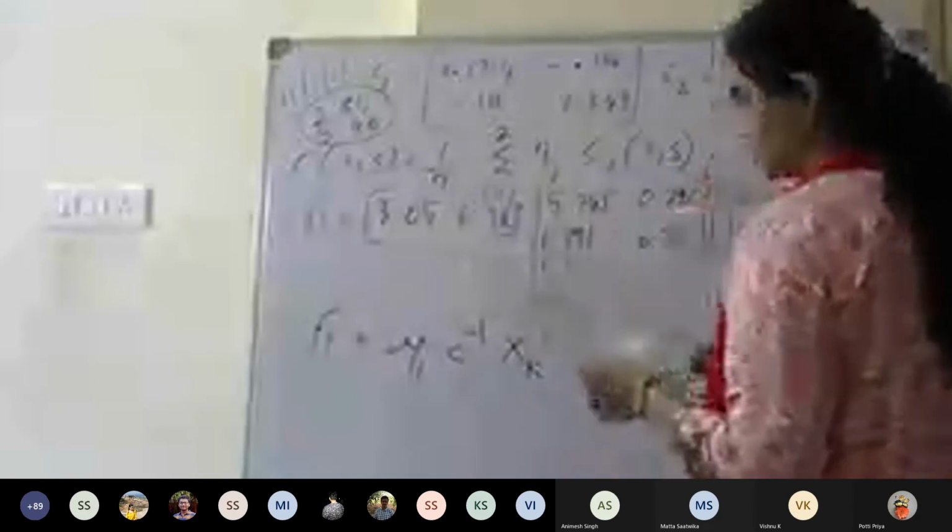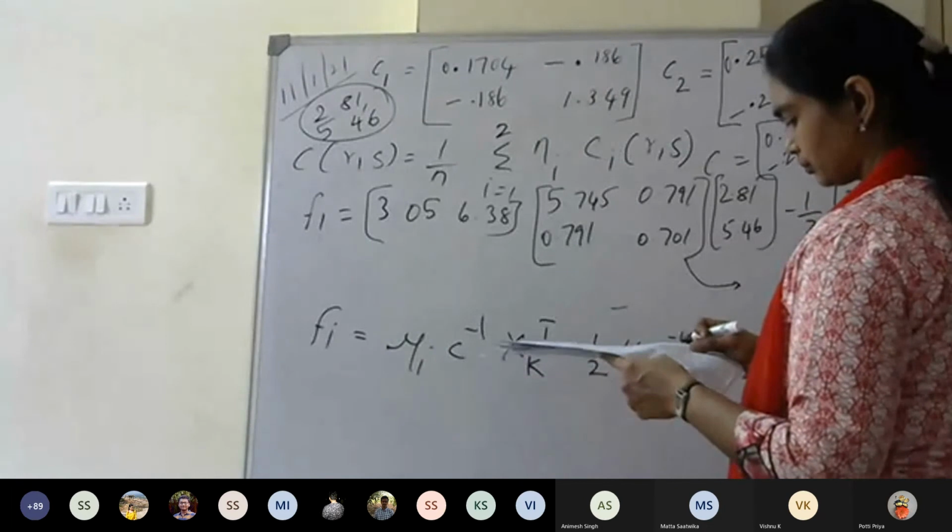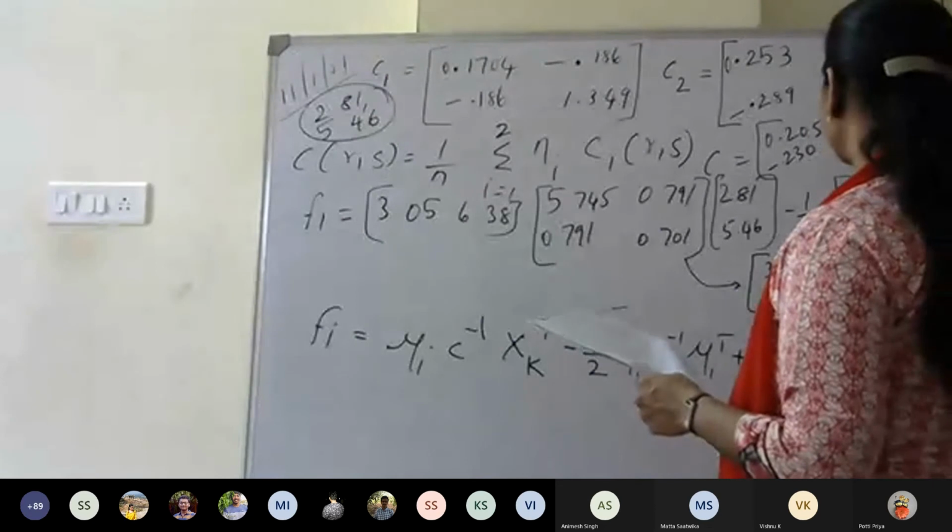Then I will substitute the values 2.81 and 5.46, minus half into once again the mean 3.05 and 6.38, then C inverse, and then this one transposed.